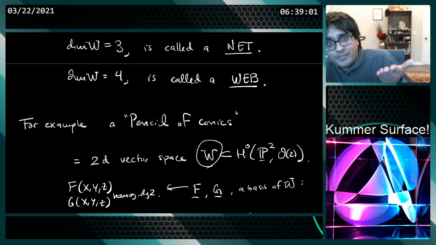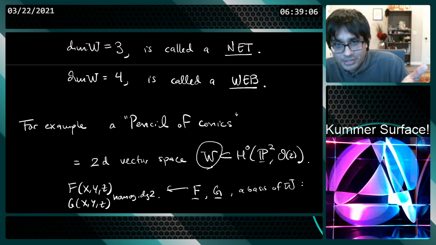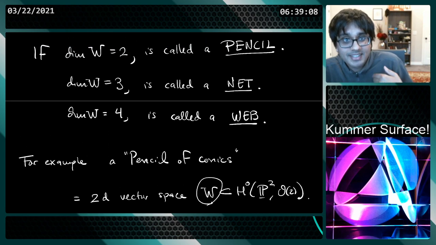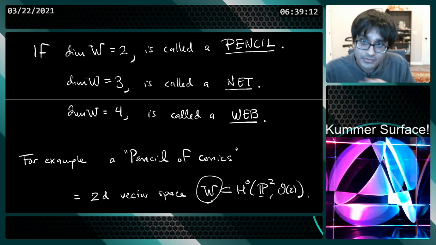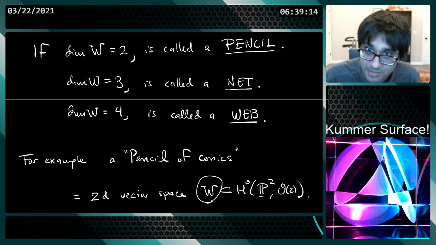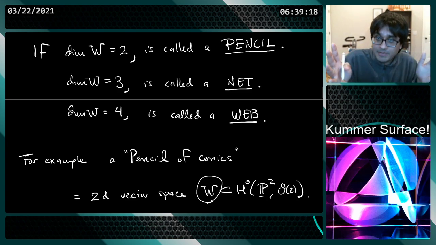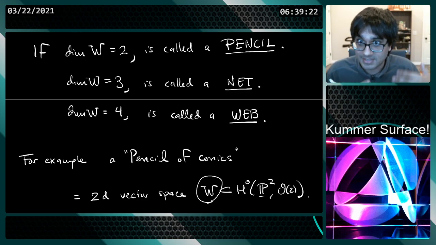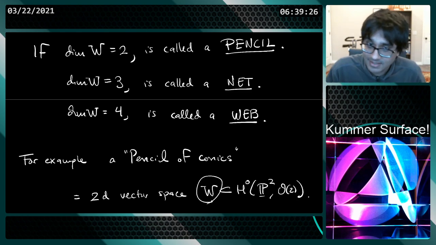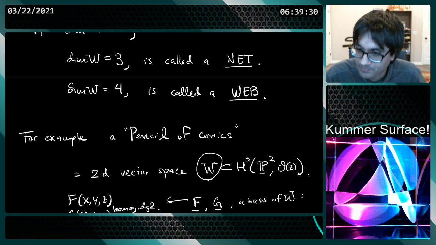And similarly, if you have a P2 worth of conics, or a three-dimensional vector space of conics, you get a corresponding net of conics. It's a larger dimensional family of conics. Just language. From a line bundle and a vector space of sections, you get a big family of divisors on X, and they move around because you're changing the section according to this vector space, swimming around in this vector space.